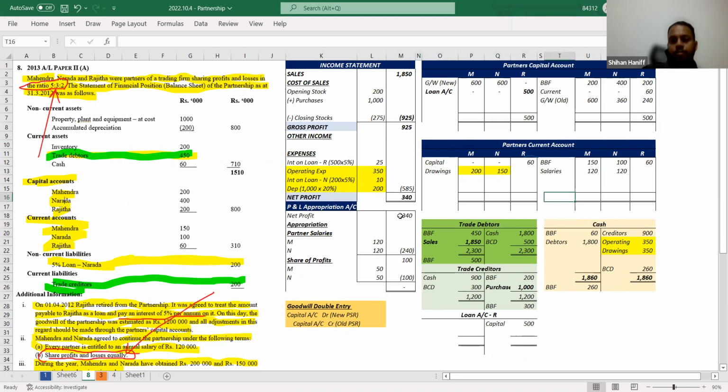So that is current account, M and N, 50-50. That's all. Balance the accounts.